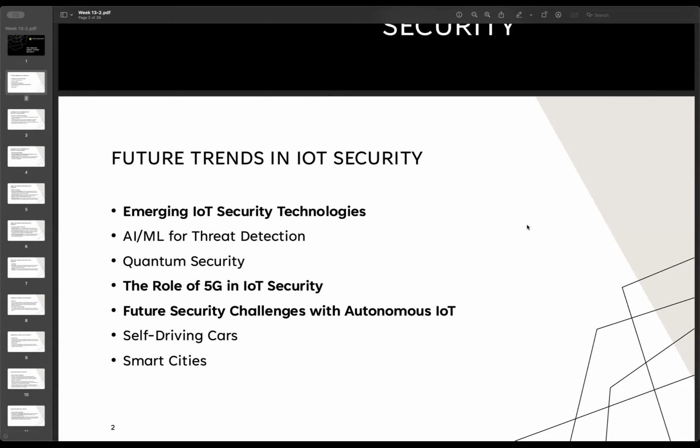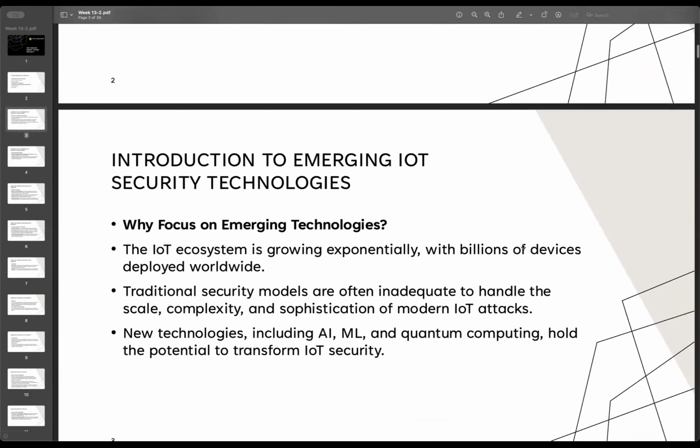Sometimes we still stay at level two. Okay, they're just assisting you to drive. But they do have some real testing in some cities. In some countries they have completely self-driving. They have a lot of sensors. Or also how the city is going to be smart. So this we're going to discuss.